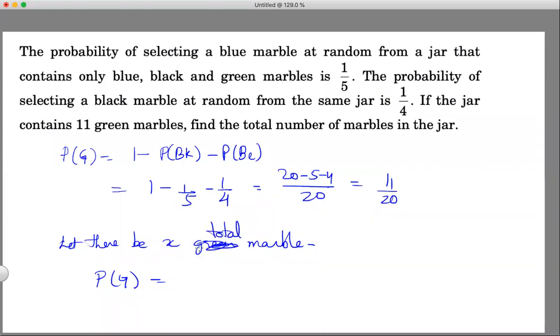Then the probability of green will be 11 upon X. These are same. So 11 upon X is equal to 11 upon 20 and X is equal to 20. Understood? I mean, it was evident from here directly you could have written the answer. I'm just showing the entire steps to you.